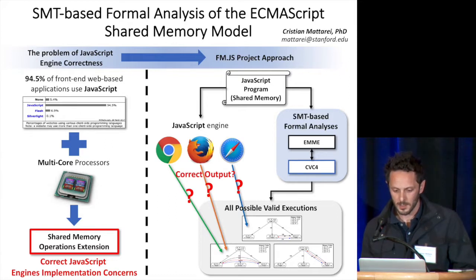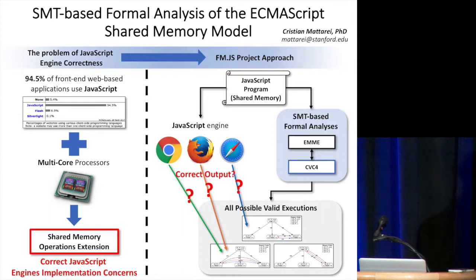This project applies formal method techniques to the analysis of JavaScript, analyzing the main JavaScript engines in order to compare the possible executions and check whether they conform to the formal specification.